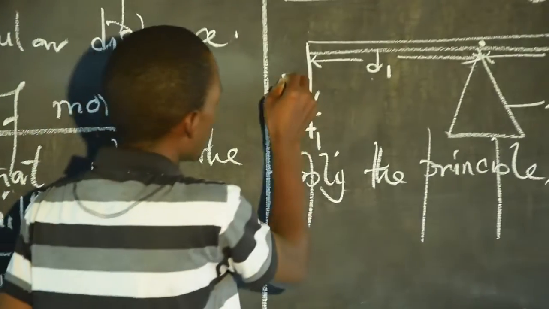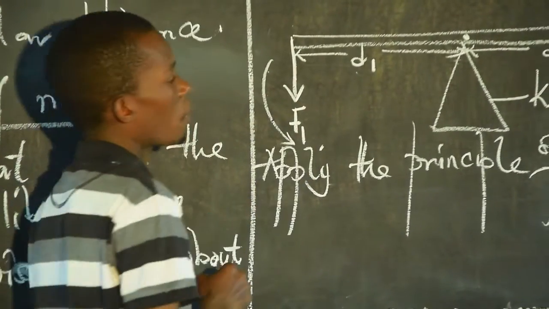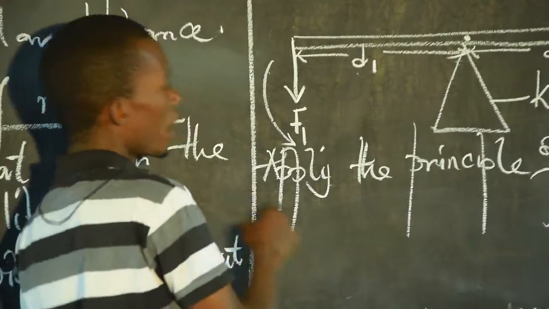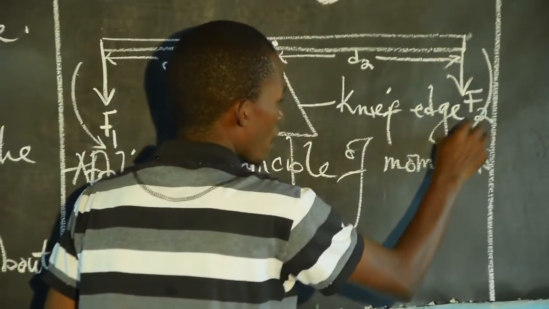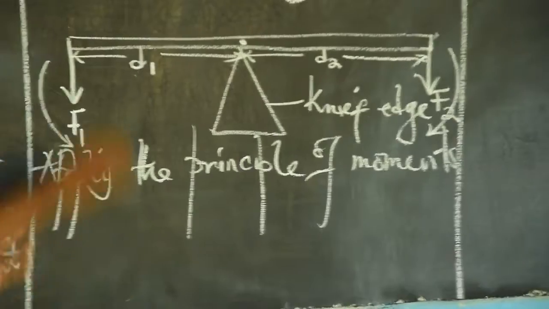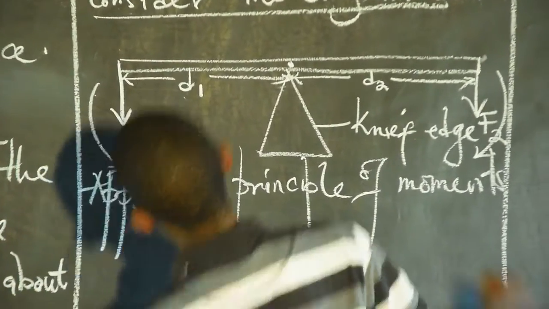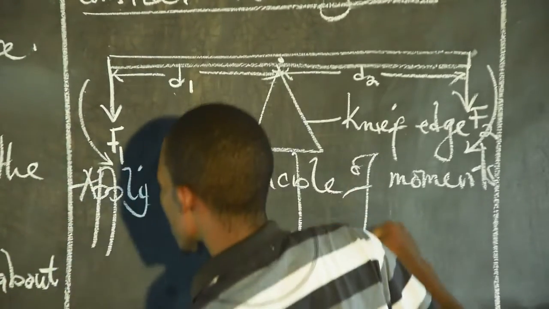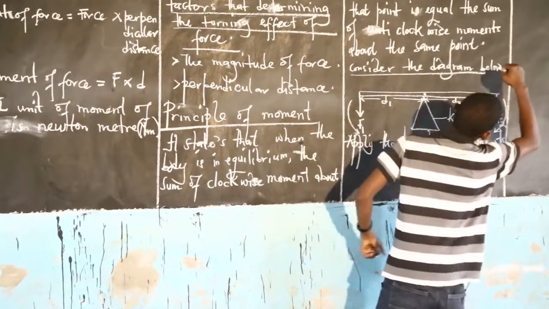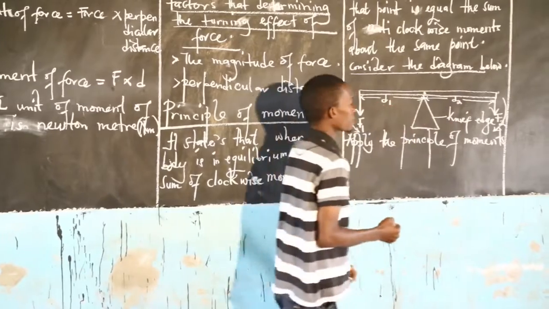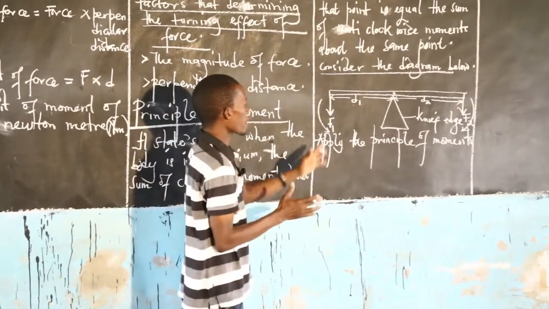So, we have this side pulling, you are going down. You need to go down. This one is saying, I'm not going down. There is clockwise, and there is anti-clockwise. This side there is anti. I'm not going. This one is saying, clock, you go down. So, there are two forces there.